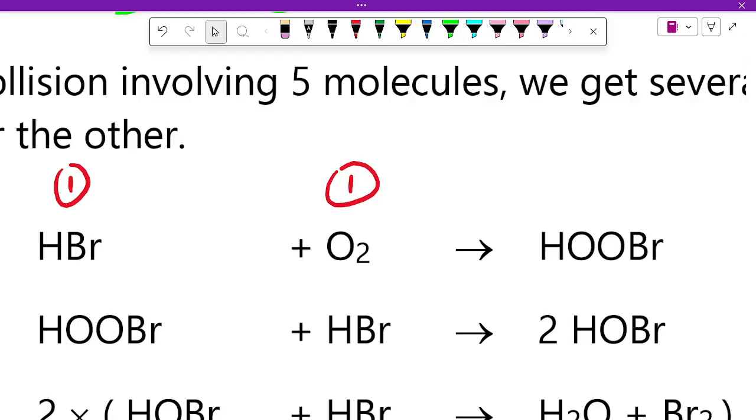Okay? Now, do you remember what happens in the arrow? In the arrow, what do we get? That's our activated complex. So this step of the reaction will have an activated complex.